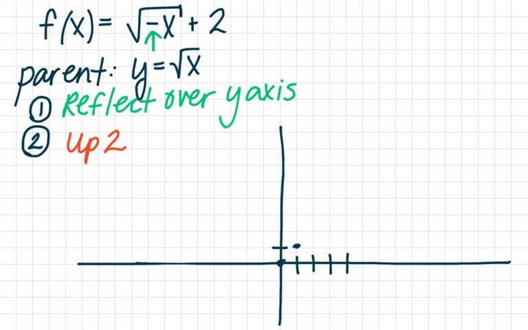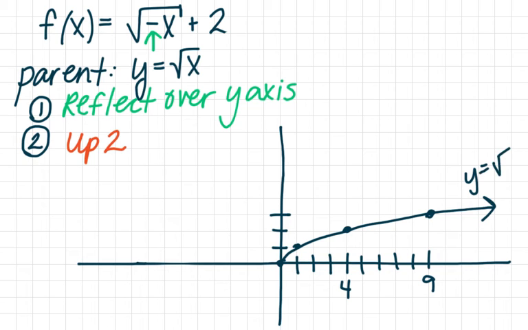However, 4 is a good value because it's a perfect square. Square root of 4 is 2. The next good one would be 9, also a perfect square. Square root of 9 is 3. So here's our parent function. It looks like half of a sideways parabola. This would be y equals the square root of x.